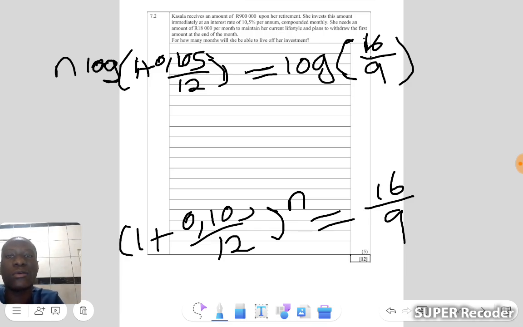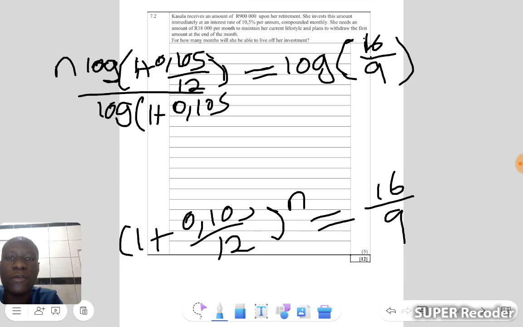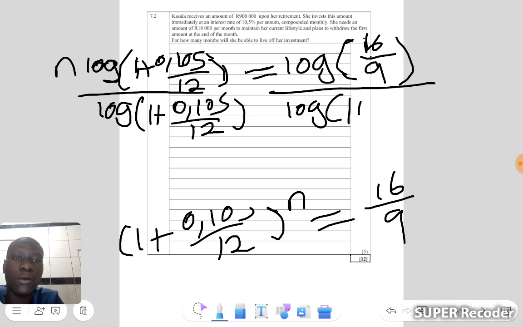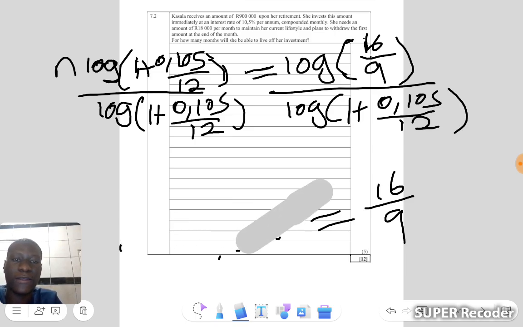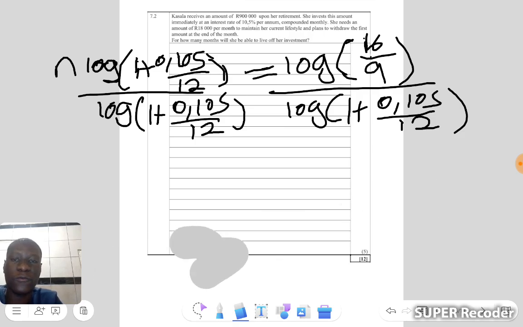You see, n log of 1 plus 0.105 over 12 equals log of 16 over 9. So we divide by log of 1 plus 0.105 over 12. Then here also we have log of 1 plus 0.105 over 12, just like that.